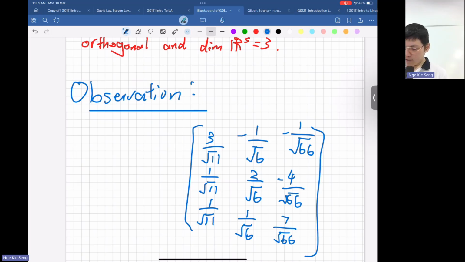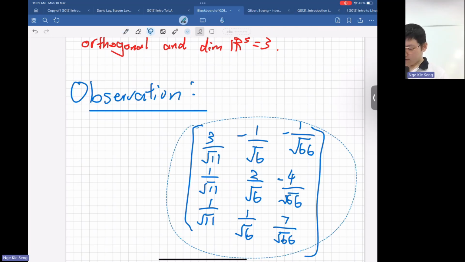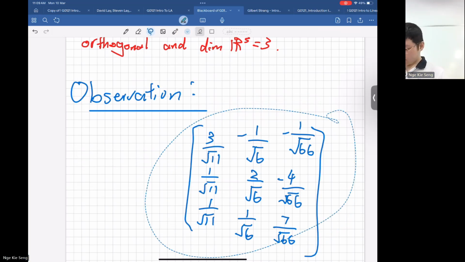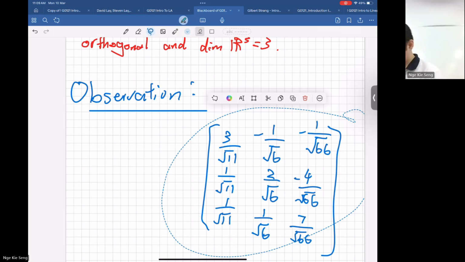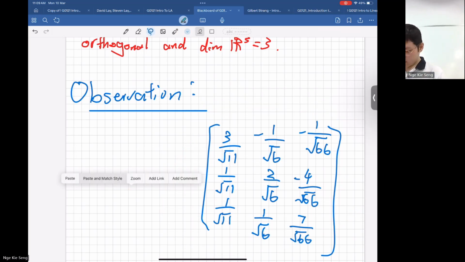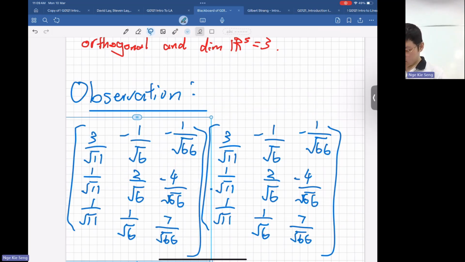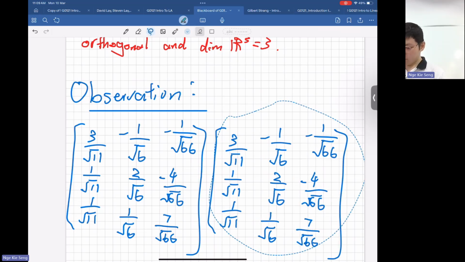Then I compose them, copy, paste here, and one of them I transpose.